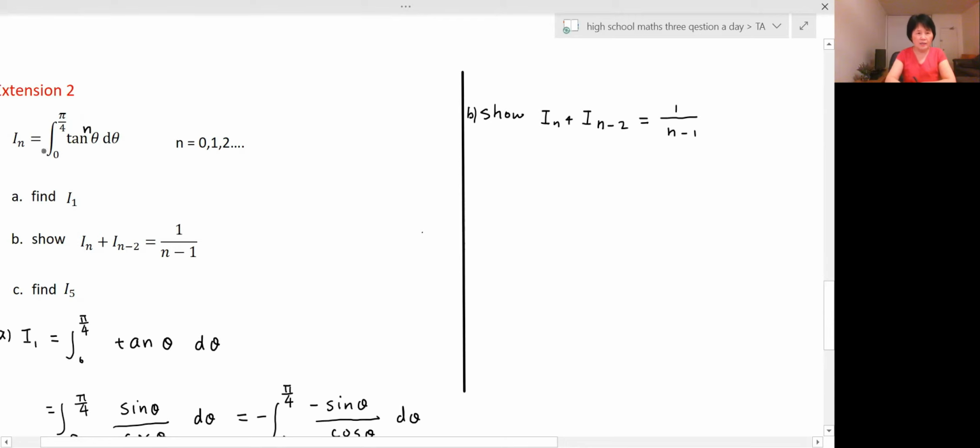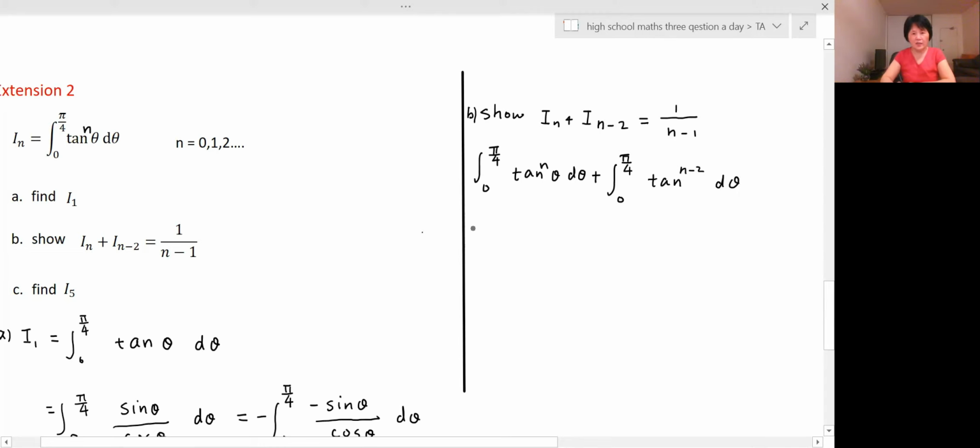Okay, so In means the integration from 0 to pi on 4 of tangent to the power n of theta d theta, plus the integration from 0 to pi on 4 of tangent to the power n minus 2 of theta d theta.